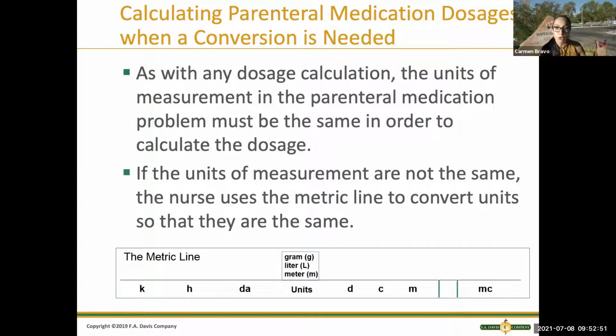In order for you to convert them, it will save you so much time in the exam. And believe me, you want to learn the metric line. The same thing with the parenteral medications. The order is the same, and the conversion on the metric line system works the same, and it will save you a lot of time.